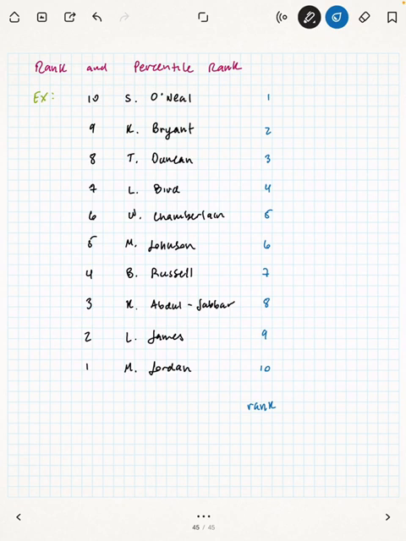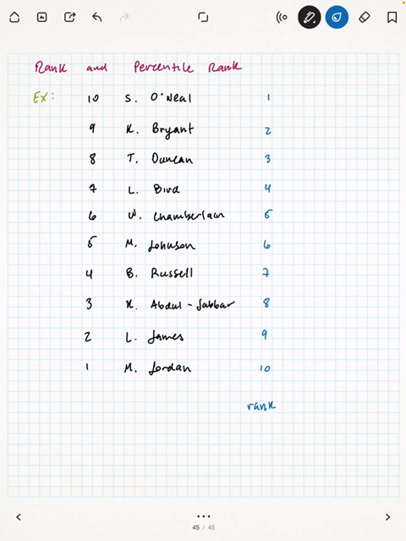Okay, so this is good for when we have a nice, easy to understand sample size, right? 10 is a nice number. We know what it means to be 7th best. We know what it means to be 3rd in the list. But what if we had some really random sample size, like 75 or 13? What do we do then?